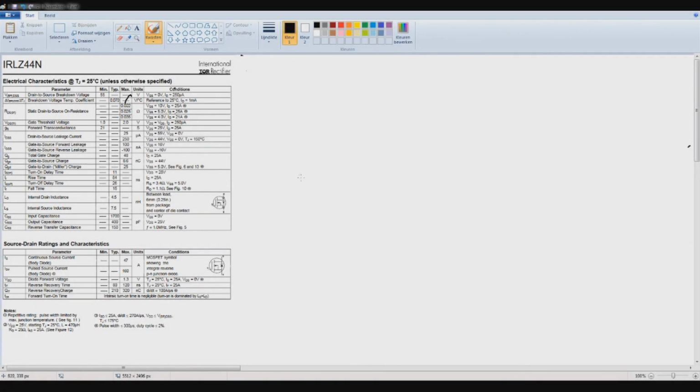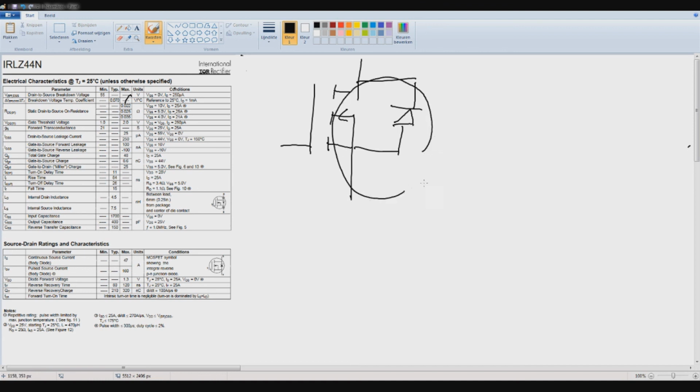So next up are the diode characteristics parameters, and that's basically this diode that's going from source to drain, which can create a circuit like this. And if you take a look at it, assume we have a current flowing from here, which is source to drain.